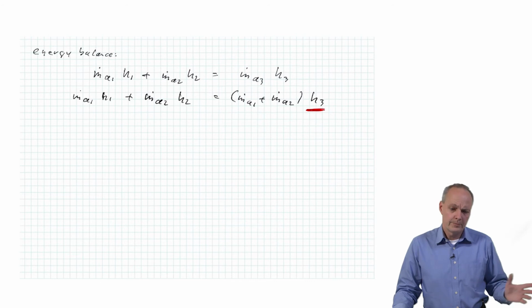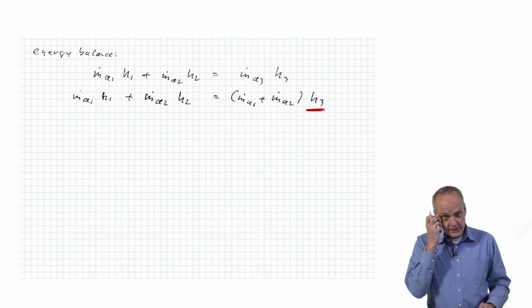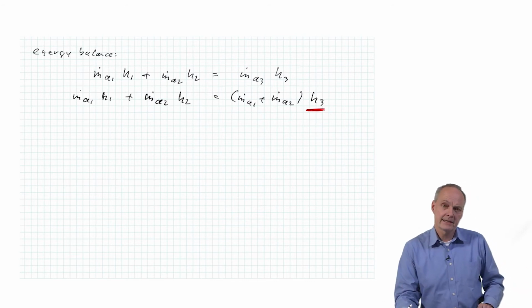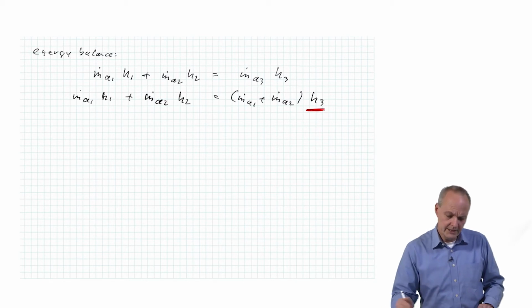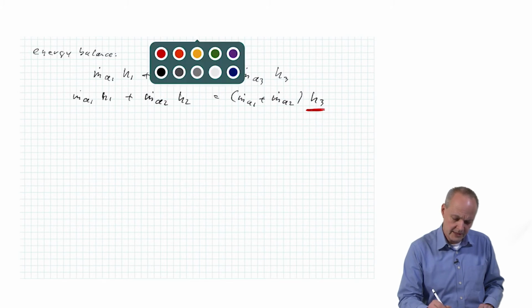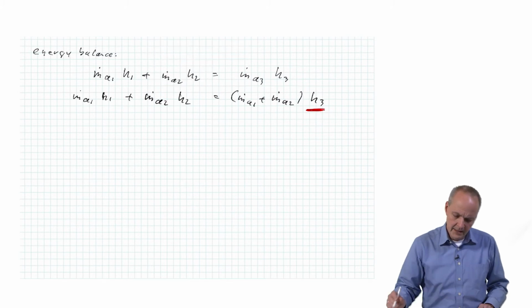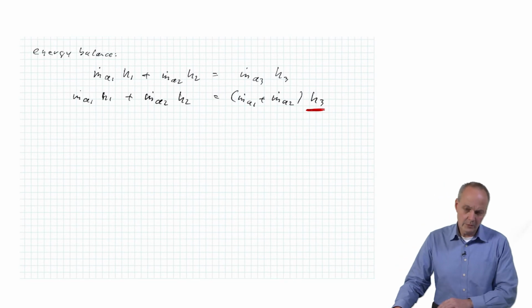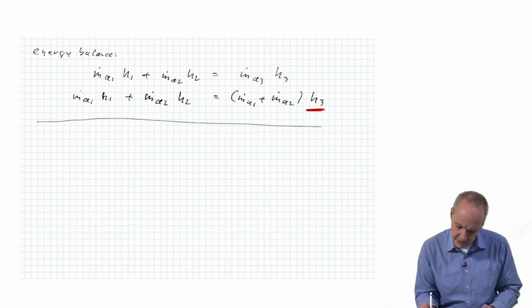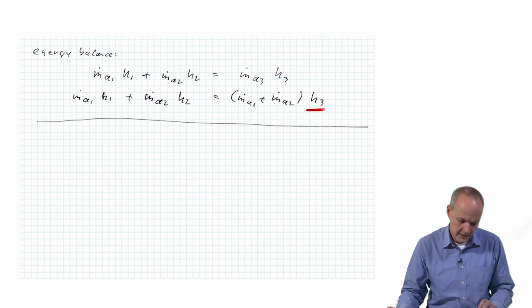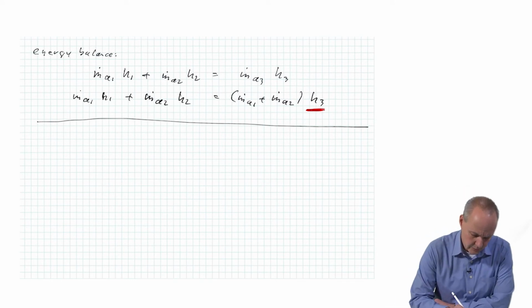But I want to look at how this actually may look in the psychrometric chart, because we'll find that you can very easily describe this process there. So we're pretty much done with the algebraic solution at that point, and now we look at the graphical solution in the psychrometric chart.